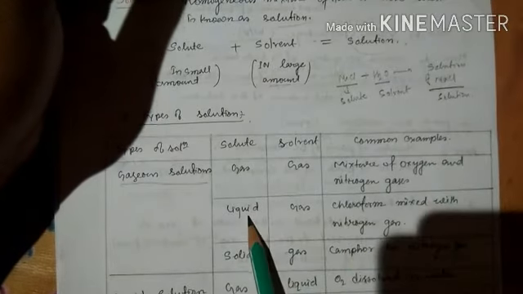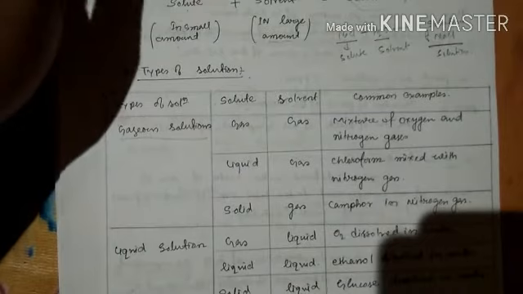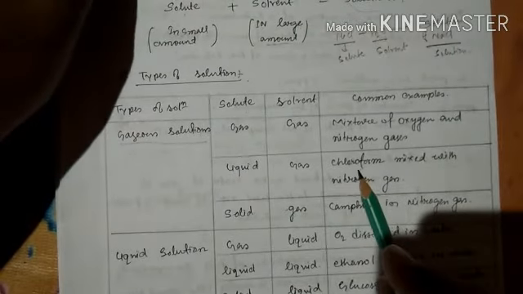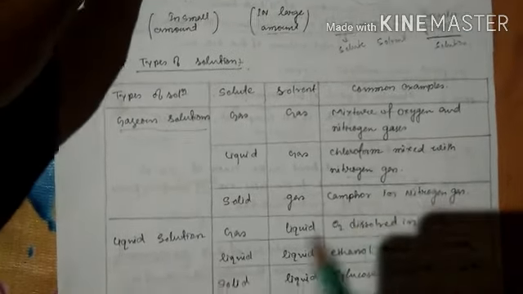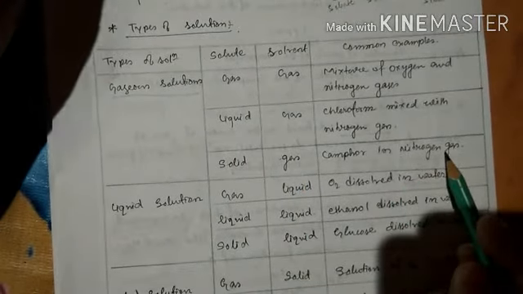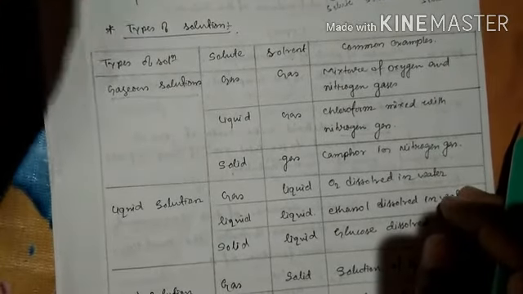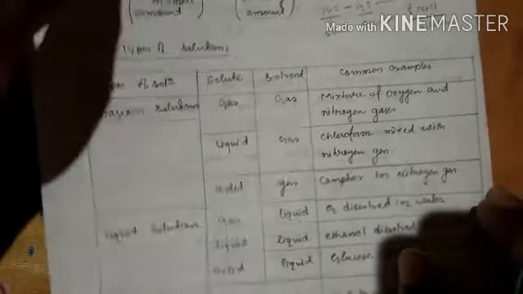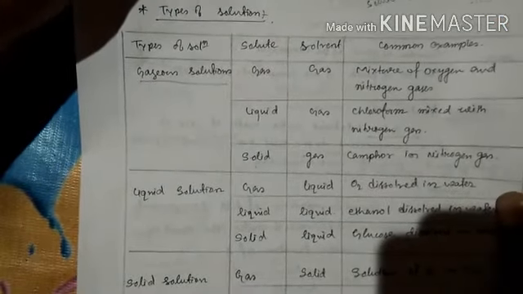If the solute is liquid and the solvent is gas, then the example is chloroform mixed with nitrogen gas. If the solute is solid and the solvent is gas, the example is camphor in nitrogen gas. Camphor is one kind of solid substance, which is organic and can be obtained from our petroleum.